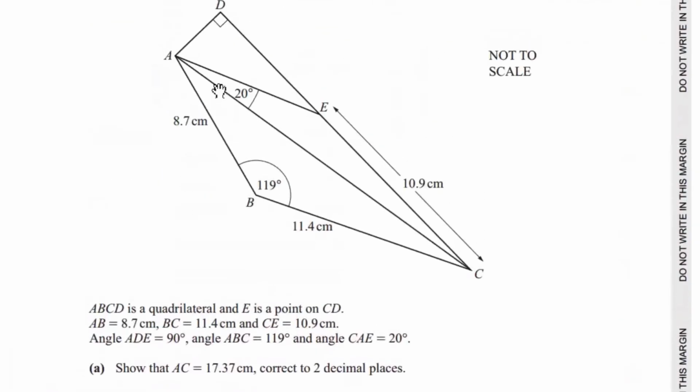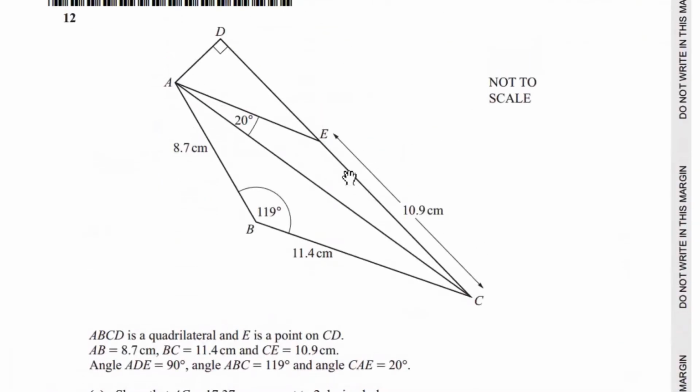Then it says angle AEC is obtuse. Calculate angle ACE. AEC is obtuse. We have to calculate ACE. Okay, so we know this is 17.37. This is 20. So for this, we'll use sine rule.